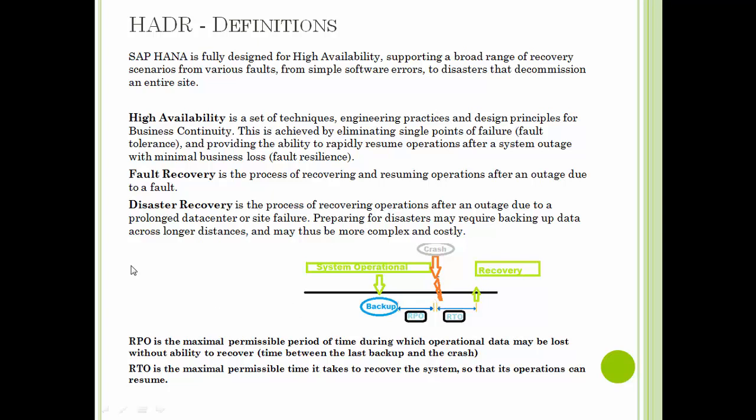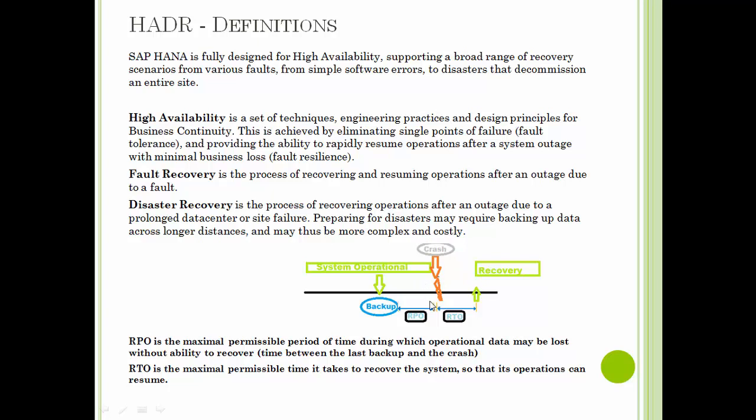So the time between the previous backup and the crash point is regarded as the RPO. By definition, it is the maximal permissible period of time during which operational data may be lost without ability to recover. In simple terms, the time between the last backup and the crash is termed the RPO.